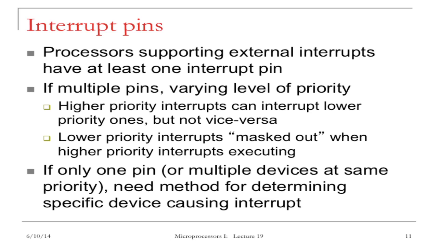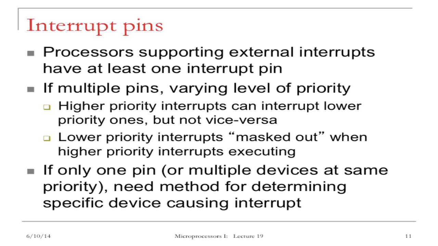High priority interrupts can interrupt low priority ones, but not vice versa. Lower priority interrupts are masked out when a higher priority interrupt is executing. If there is only one pin or multiple devices at the same priority, we need a method to determine the specific device causing the interrupt, and then decide whether to respond to it or not.